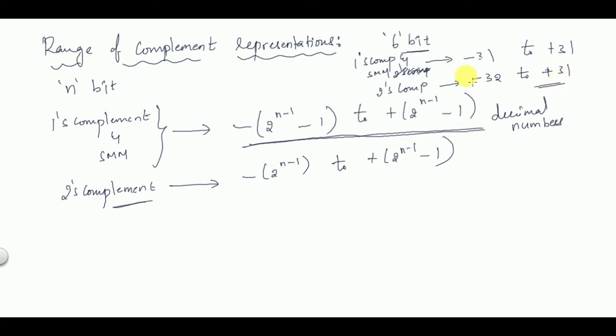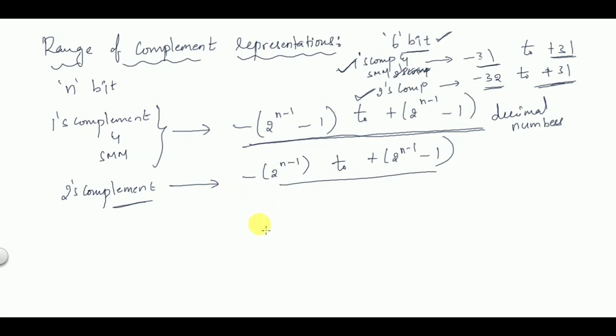So for a 6 bit binary number, you can represent decimal numbers from minus 31 to plus 31 using 1's complement, and for 2's complement from minus 32 to plus 31. This is the range of complement representations.